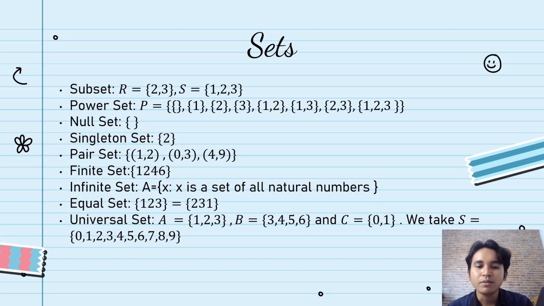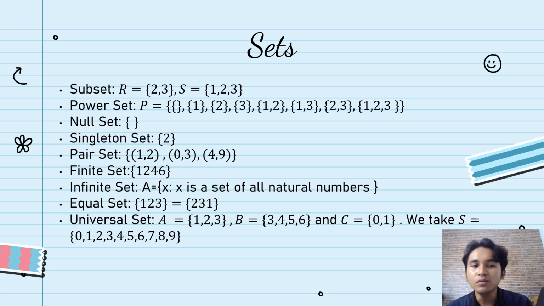Okay, next, power set. P is the power set of S, denoted as 2 power S, if it includes all subsets of S. The example is like in the slide.